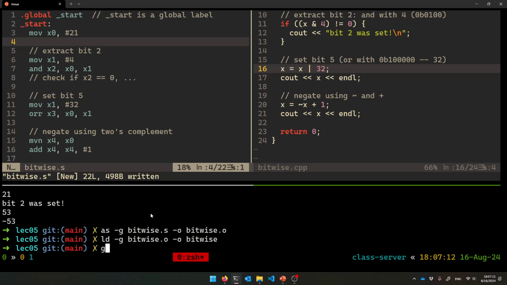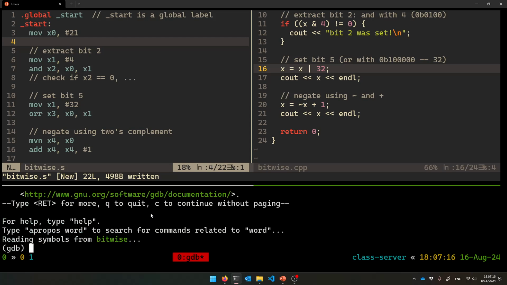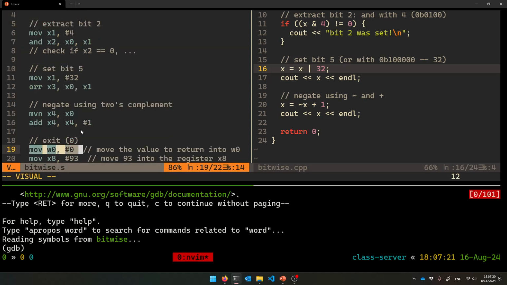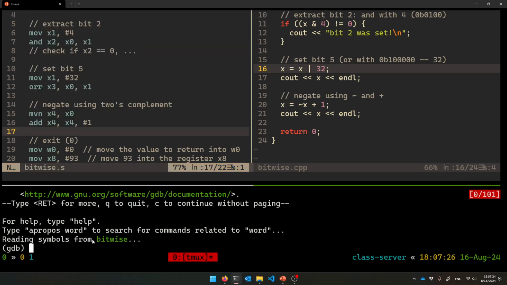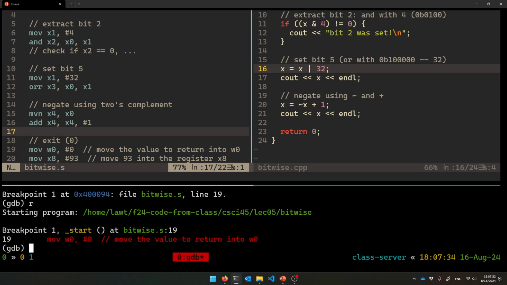And now I will gdb bitwise and set a breakpoint on line 19, after we've done all this stuff. So break, oops, is it not getting my input? There it goes. Bitwise.s line 19, please. And I like to run the program until there.